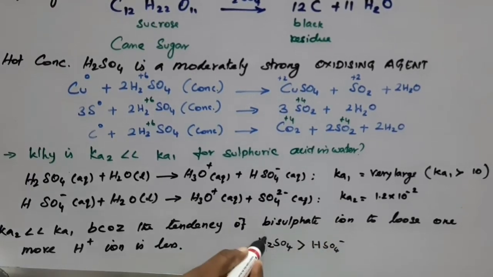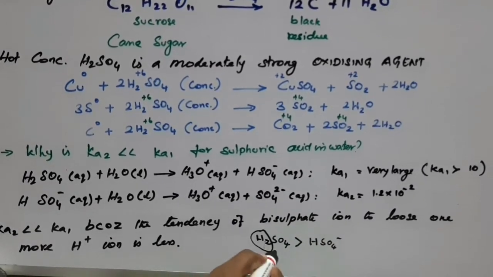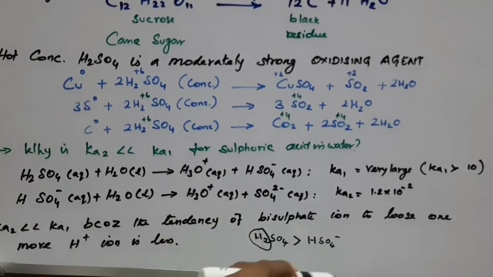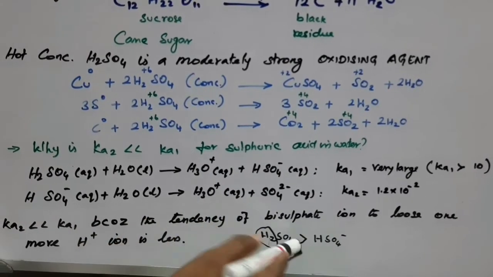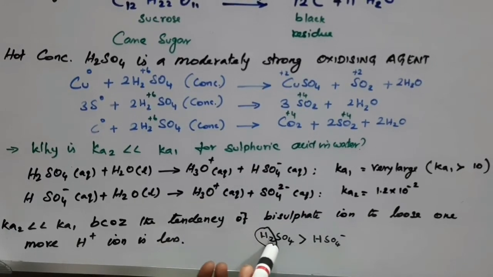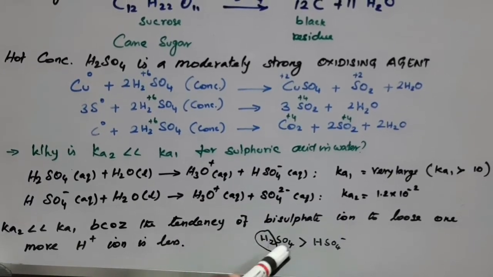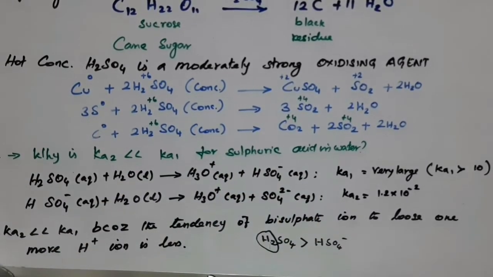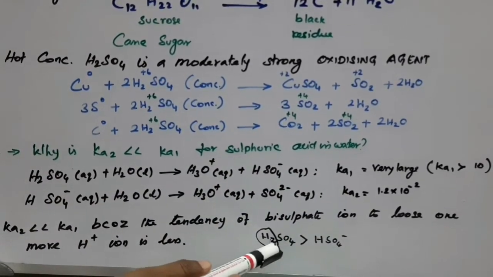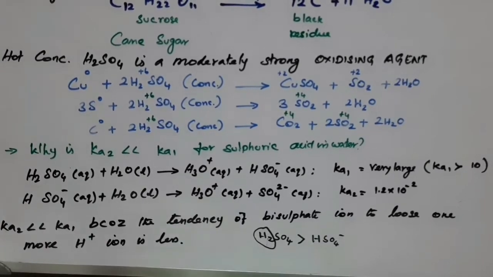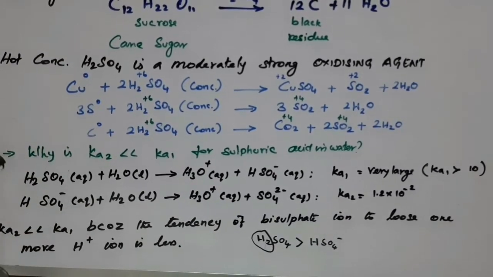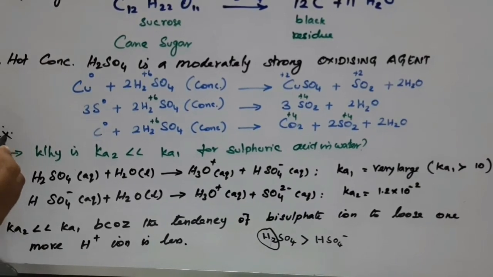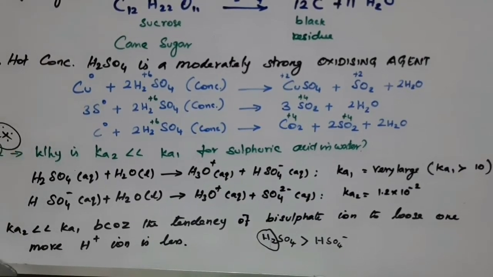This is a dibasic acid, so when it is dissolved in water, more H+ ions are released. Compared to that, H2SO4 has a greater Ka value. So the greater the dissociation constant, the stronger the acid. These are very important questions every time; one sure 1 mark or 2 mark question will be asked.